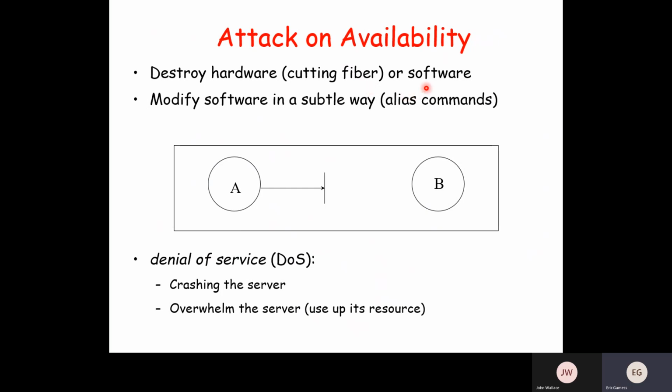Another way is, for example, you gain access to the system and you modify the software. And you make it so that the software does not give the service that it should be giving. You may modify things that are very difficult to detect. Because of course, if you make a big modification, the people will realize, and the hacker doesn't want that.